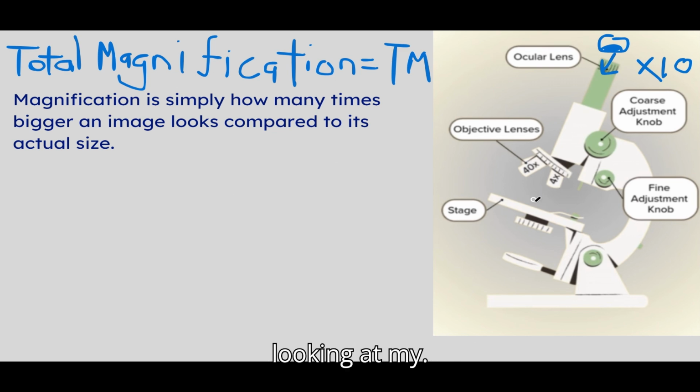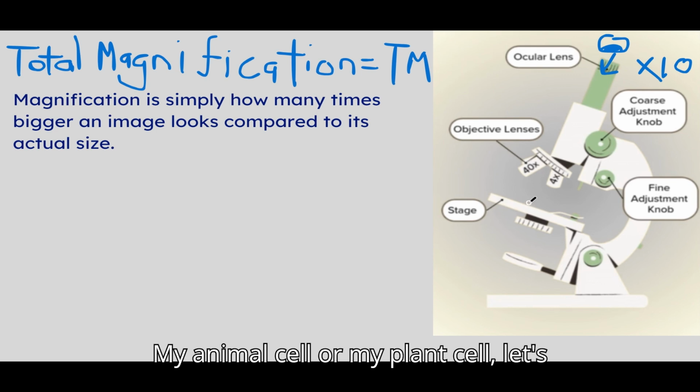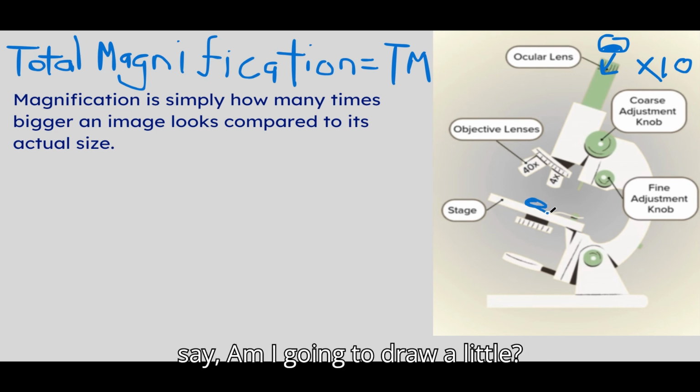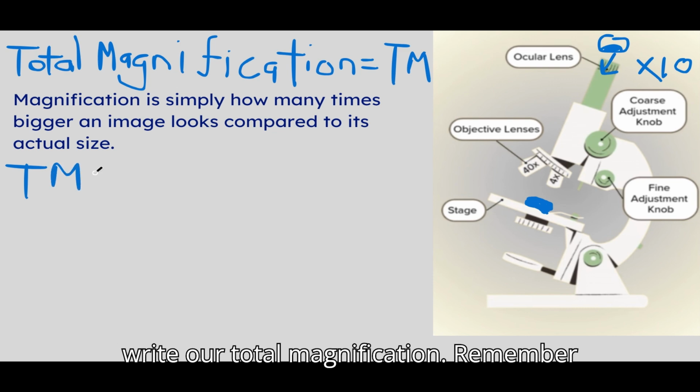Okay, so say I'm looking at my animal cell or my plant cell. Let's say we make that a cheek cell that we are looking at, and I'm looking at the 4 times one. So we're going to write our total magnification.